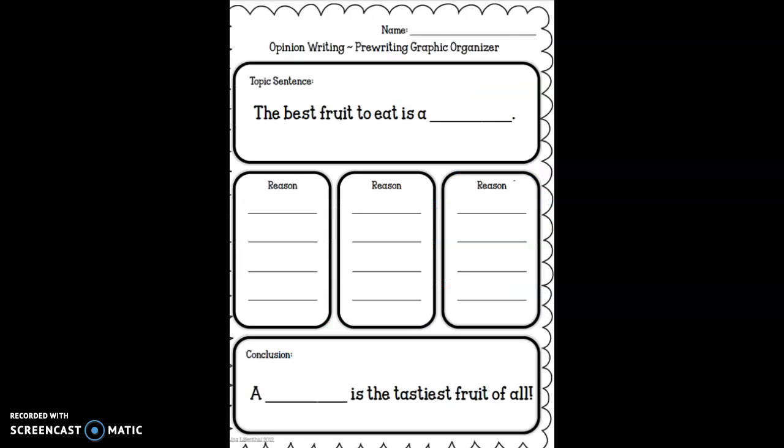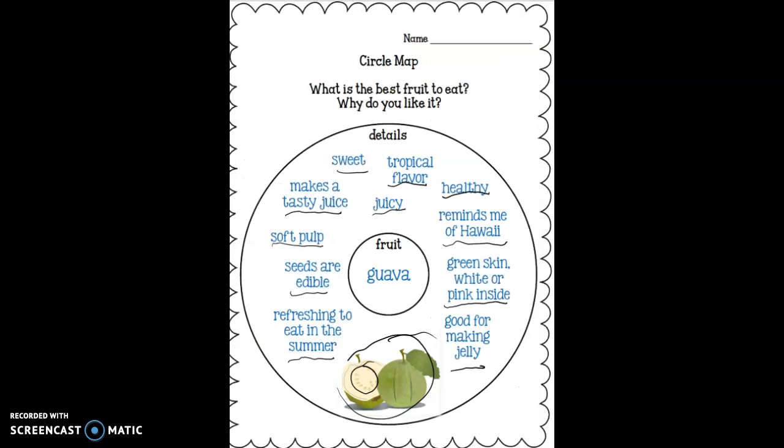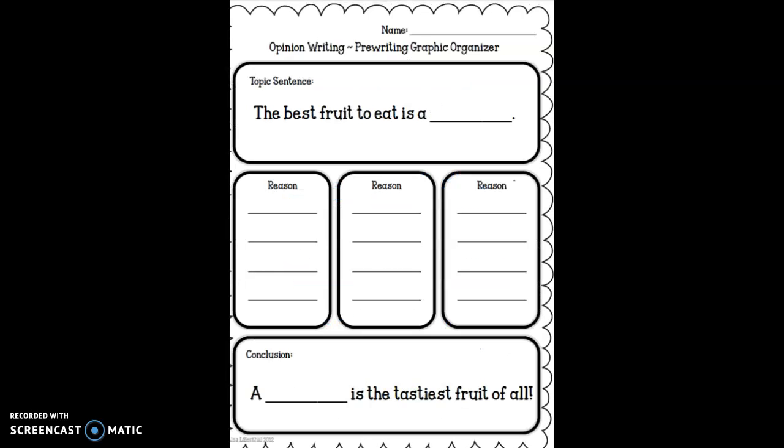Okay, so here I go again. Oh, oops. What happened? Oh, okay, I'll do it again. The best fruit to eat is a lemon. Reason 1, reason 2, reason 3 is they are a pretty yellow color.